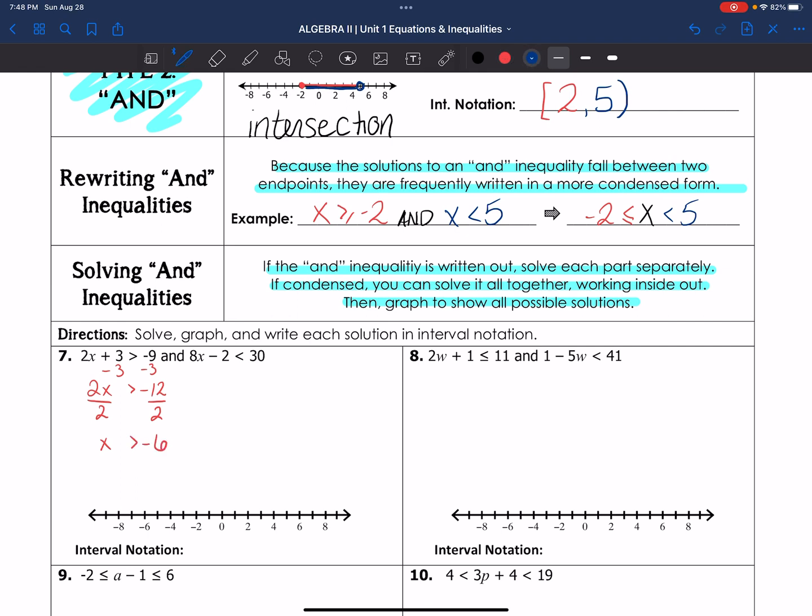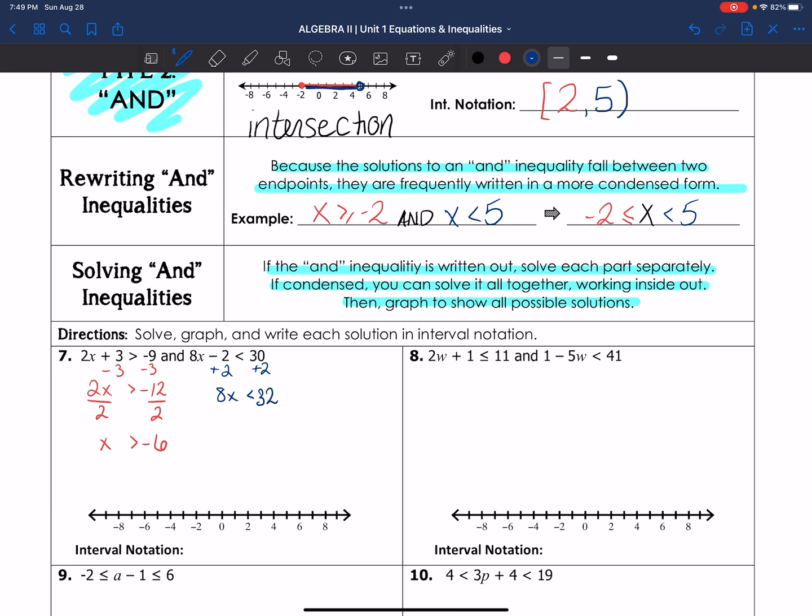We'll similarly do so on the other side, which is going to be our first step here to solve 8x minus 2 less than 30. We're going to want to perform that additive inverse, which is to add 2 on each side, giving us 8x less than 32.